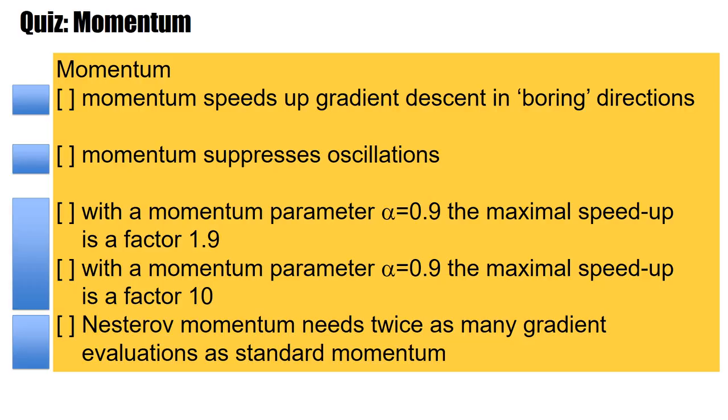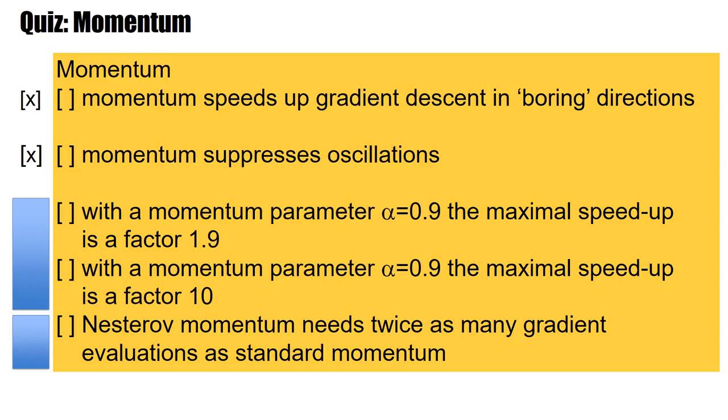Let's summarize with a little quiz. First statement, momentum speeds up gradient descent in boring directions. And yes, this is true. Momentum suppresses oscillations. And yes, this is true. And now you have two choices.